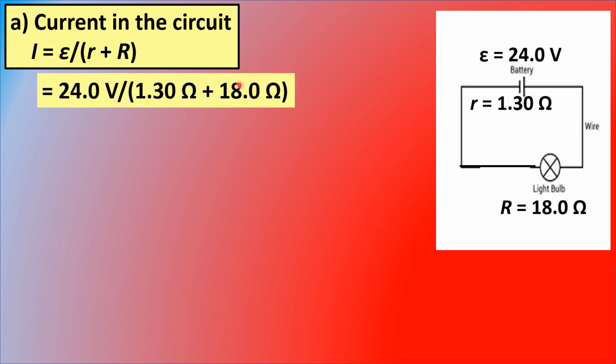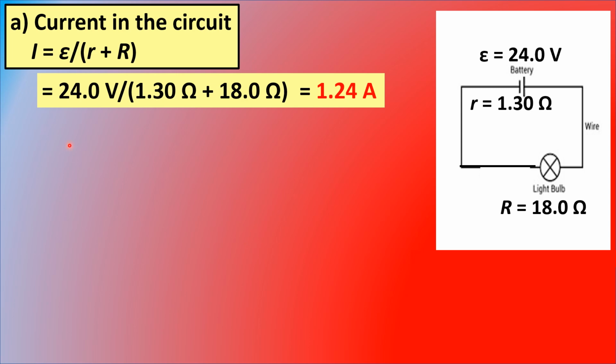Substituting, we have 24.0 volts, that's the given EMF, and the value for the internal resistance, 1.30 ohms, and for the big R, 18.0 ohms. Simplifying, we get the value for the current I equal to 1.24 amperes.